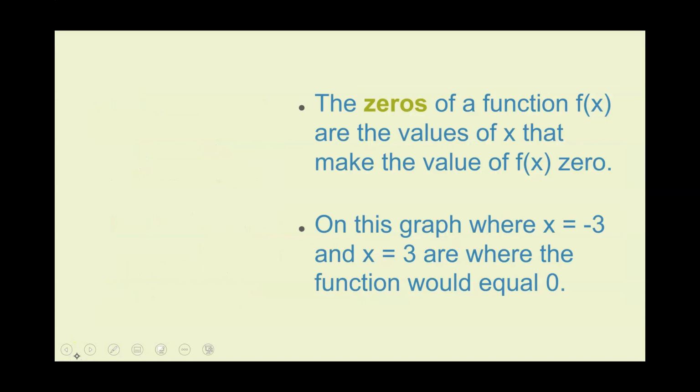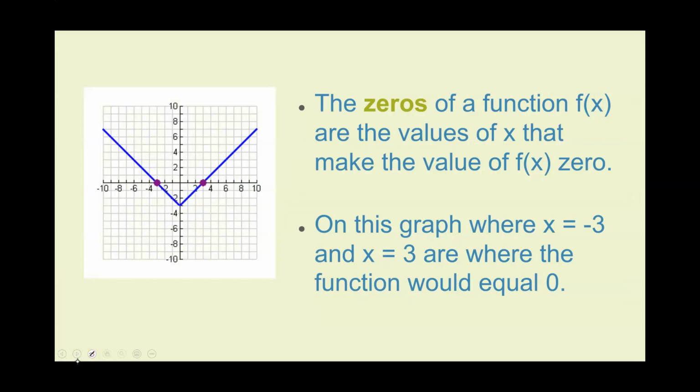Now, zeros. So your x-intercept, as you've probably noticed from previous maths, has multiple different words you can use. So I wanted to talk about another word: we also call x-intercepts zeros. So a zero of a function is what values make this equation zero. And if you look on this graph, where x equals -3 and x equals 3 is where the equation would equal 0.